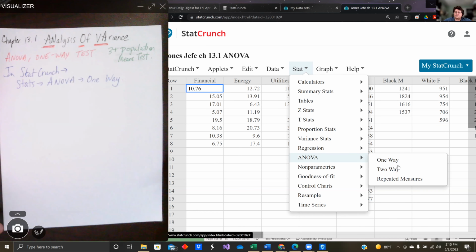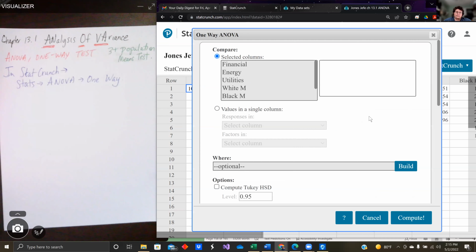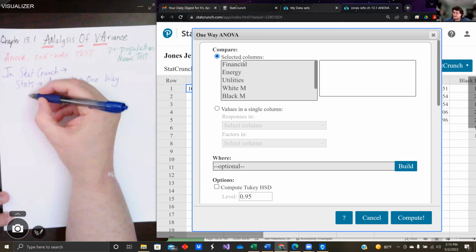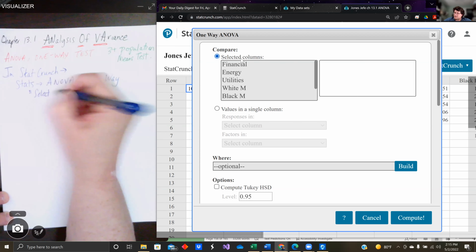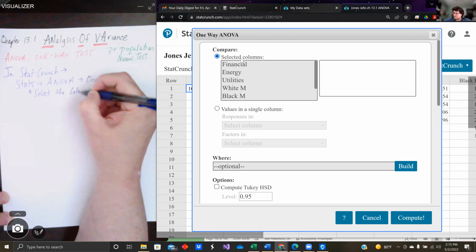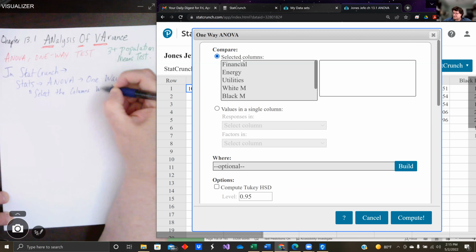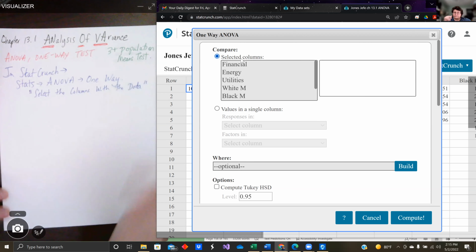So if we click on it, we can see what it kind of asks for. And it asks for us to select the columns where stuff is located. So at this point, select the columns with the data. And we'll do that in a second.